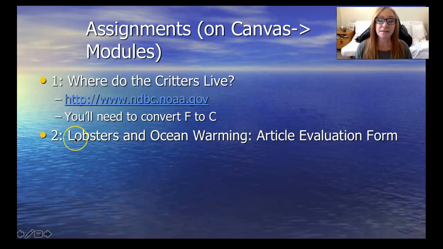Your second assignment is lobsters and ocean warming, where you will read about what's going on with the Maine lobsters, the most delicious of all of the crustaceans, in my opinion. You'll read an article and fill in an article evaluation form. So head on over to the pages for the assignments, and I'll show you how to get that done.